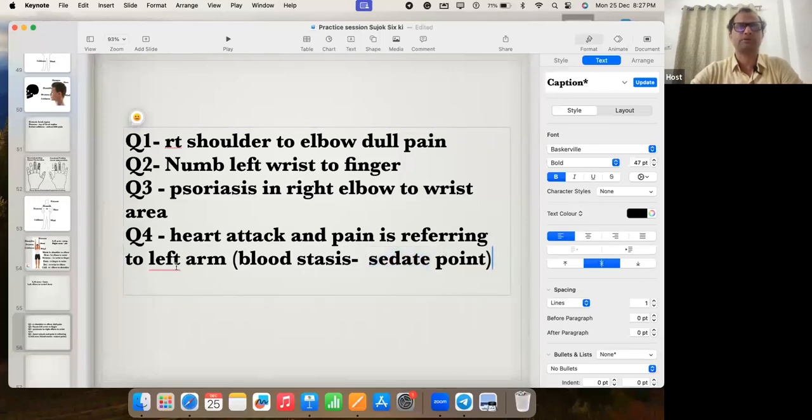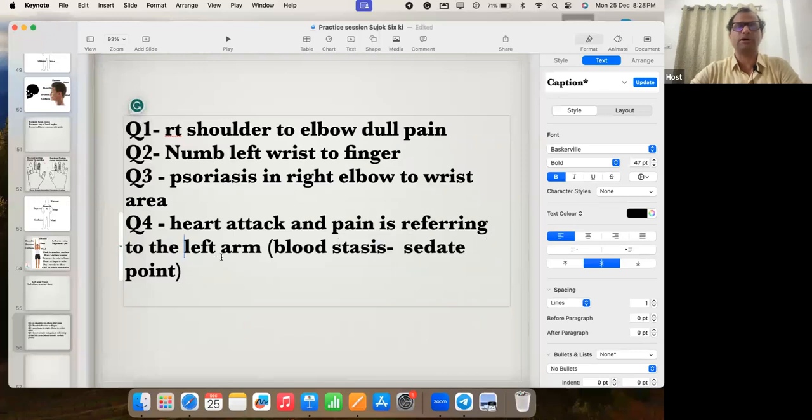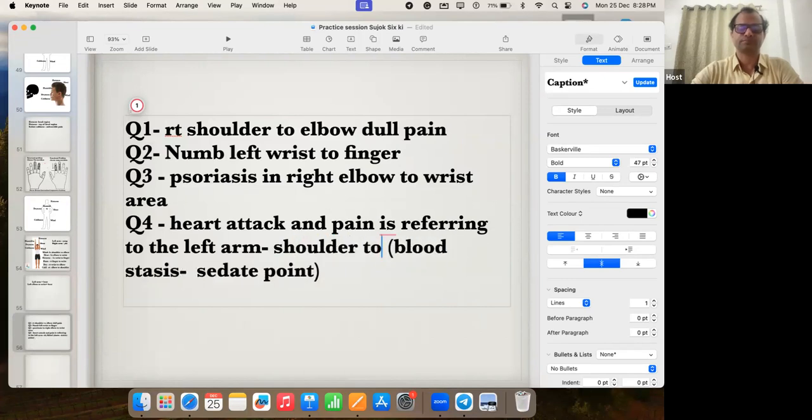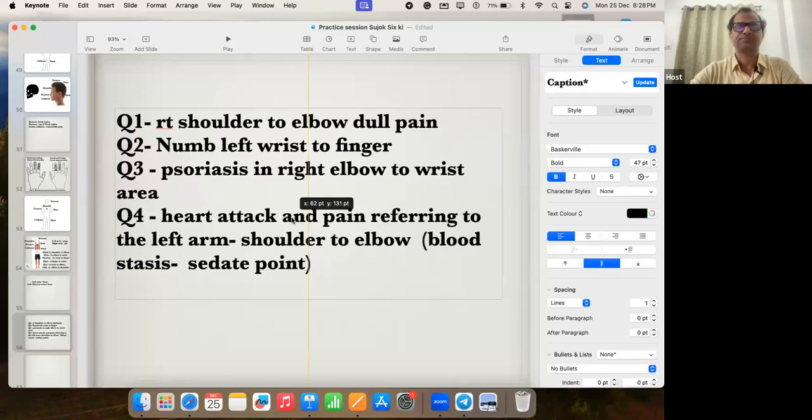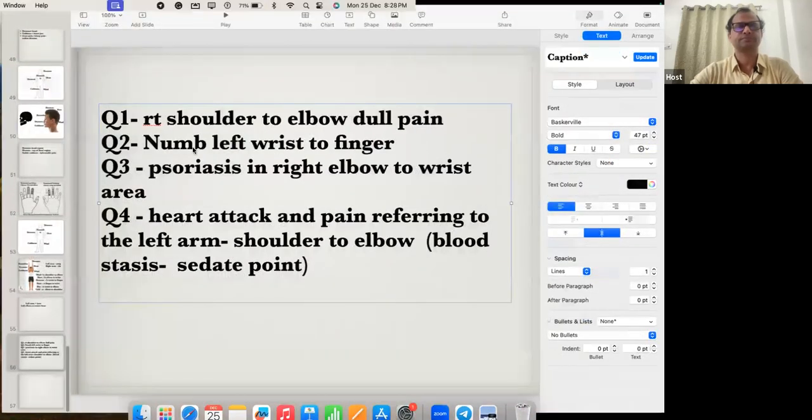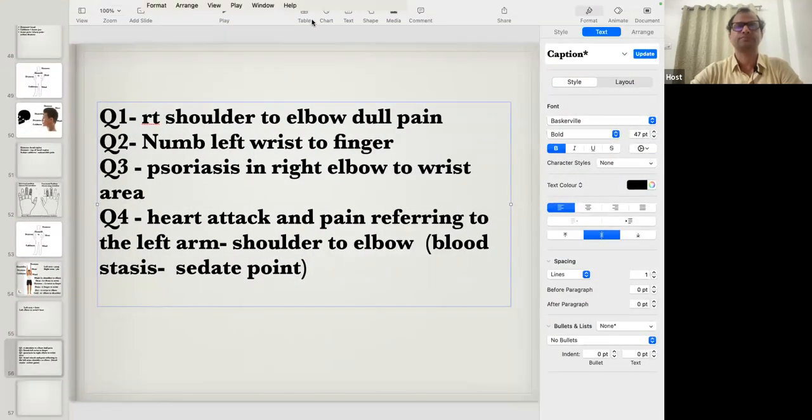So the person is suffering with a heart attack, and the pain is referring in the left arm, shoulder to elbow. What kind of pain should we take?